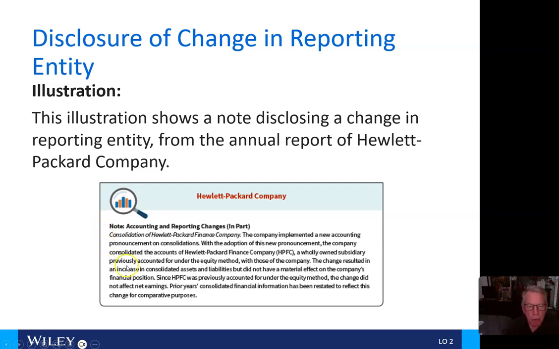And they've adopted this new pronouncement and consolidated the accounts of Hewlett-Packard, a wholly owned subsidiary that was previously accounted for under the equity method with those of the company. The change has some effects as outlined in this note. I think I'll let you read that on your own.